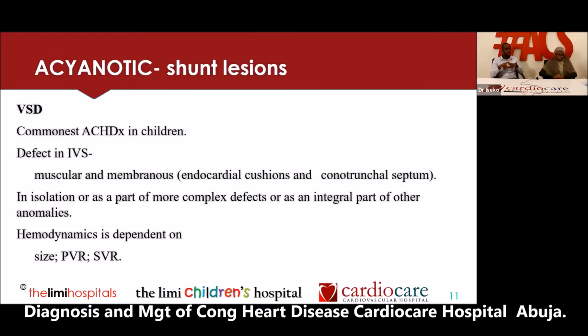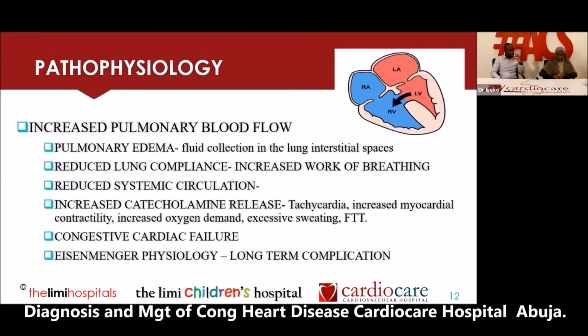And so, what are the consequences of the increase in pulmonary blood flow in this kind of shunts? Once there's increased pulmonary blood flow, like from the image, you can see there is a shunt from the left ventricle to the right ventricle, and this is going into the pulmonary circulation.